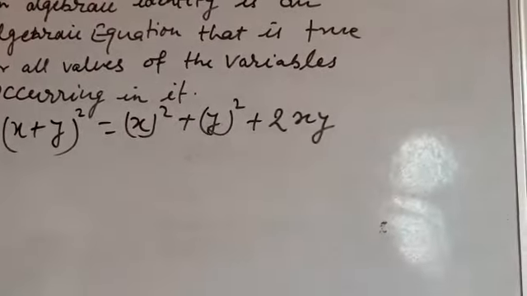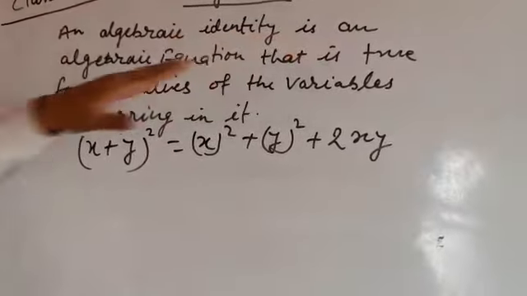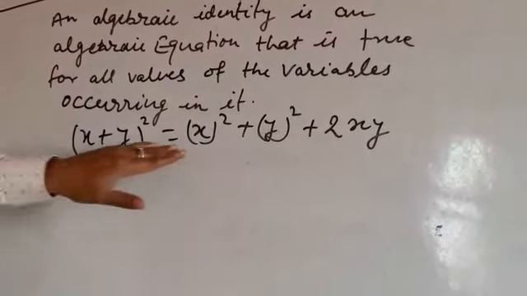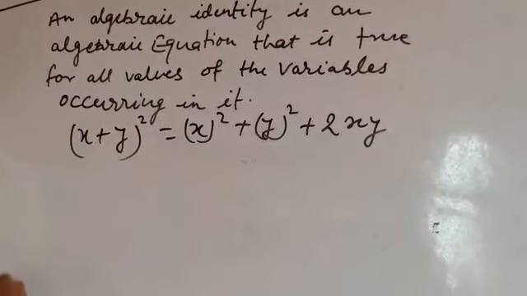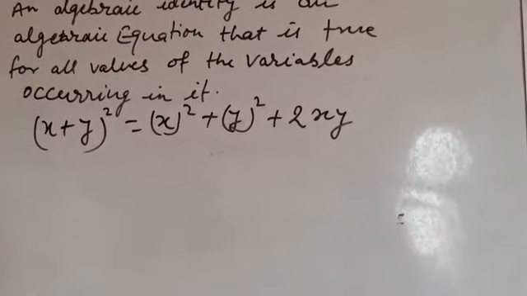What is exactly the meaning of this? An algebraic identity is an algebraic equation, so it would have an equals sign, true for all values.